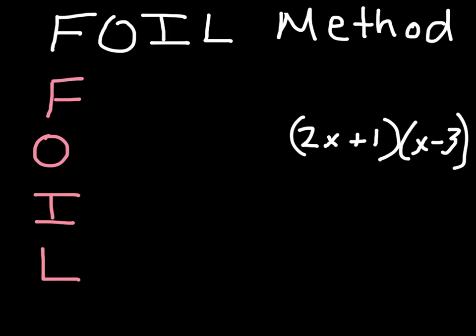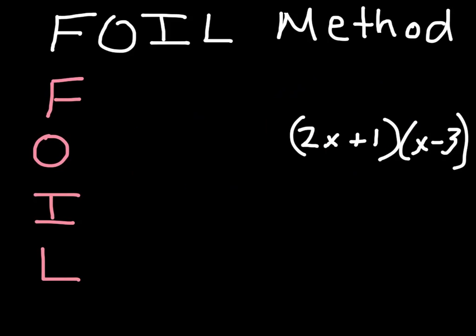Now, there are different methods, but probably the most popular method to multiply binomials is called the FOIL method. Before I go into detail on that, let's talk about why it's called the FOIL method. The letters F-O-I-L stand for certain words, and that's why it's called the FOIL method.